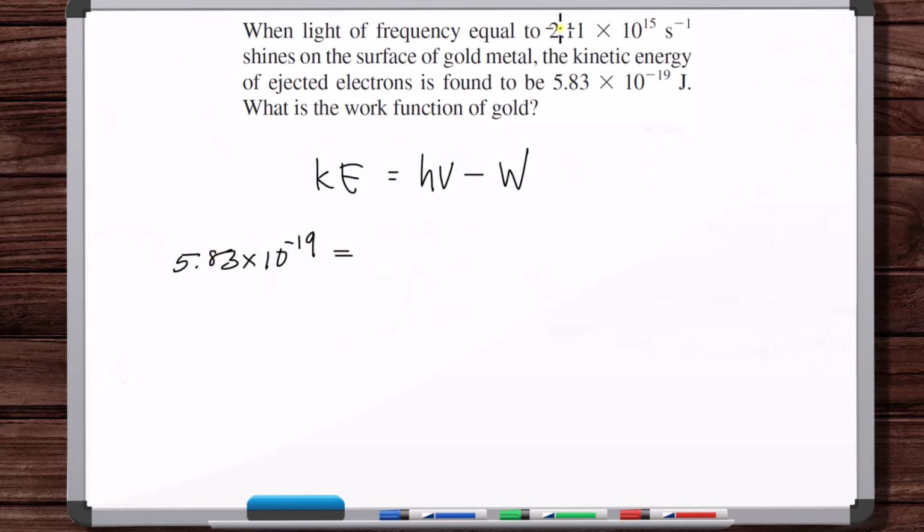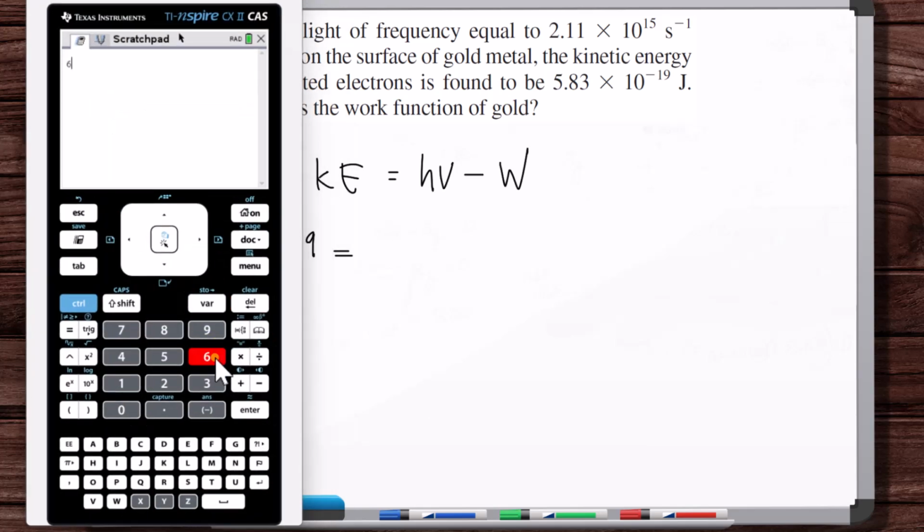And so now what is the energy of the incoming radiation in joules? We just do Planck's constant times this. So 6.626 times 10 to the minus 34 times 2.11 times 10 to the 15th. Okay, so 1.398 times 10 to the minus 18.